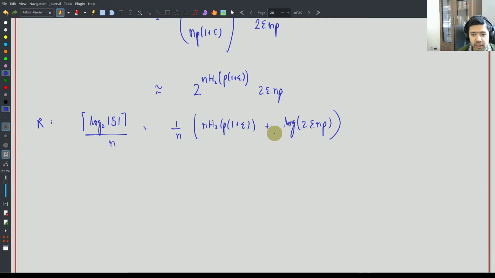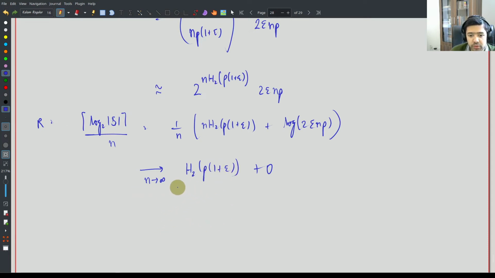Right? So as n tends to infinity, the first term tends to h2 of p into 1 plus epsilon. What happens to the second term? It is order log n. So log n by n tends to 0 as n tends to infinity. So as n tends to infinity, this entire quantity, the rate, tends to h2 of p times 1 plus epsilon.